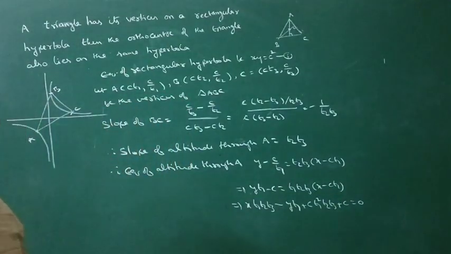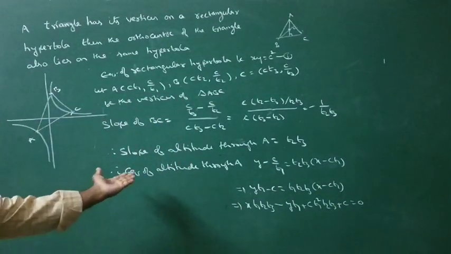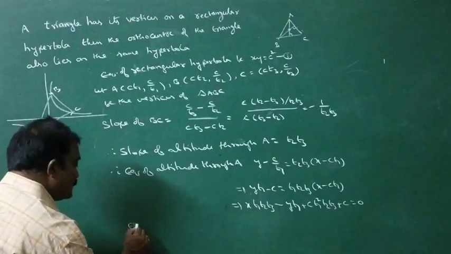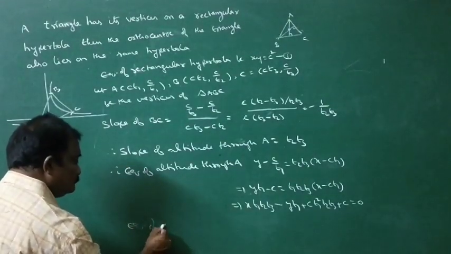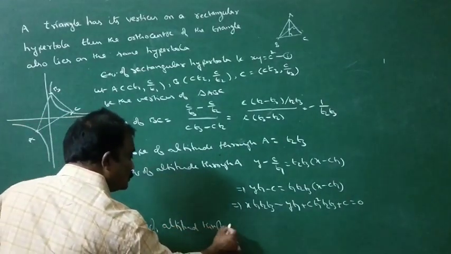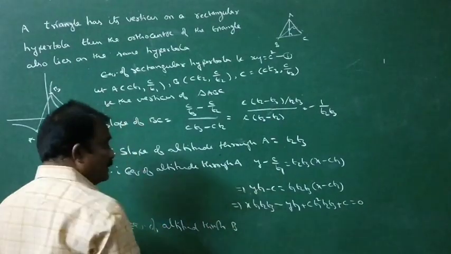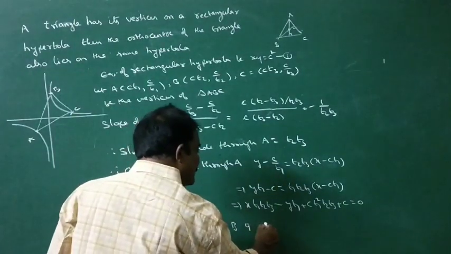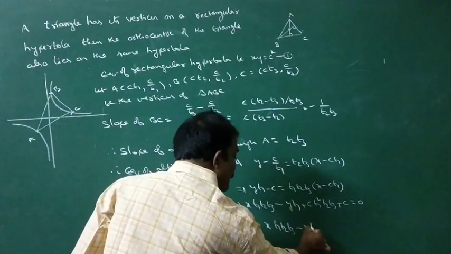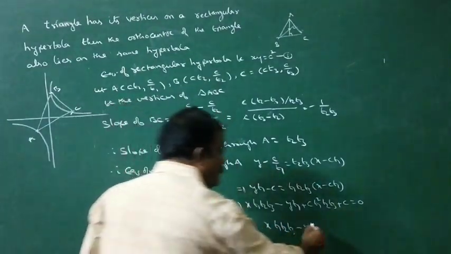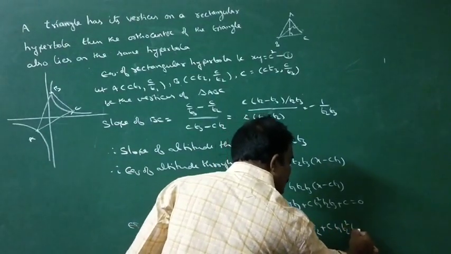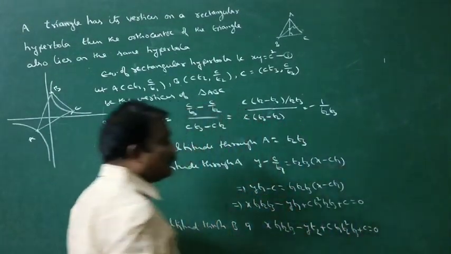Similarly, we have to find the equation of the altitude through B. So equation of altitude through B is x t1 t2 t3 minus y t2 plus c t1 t2 square t3 plus c equal to 0.